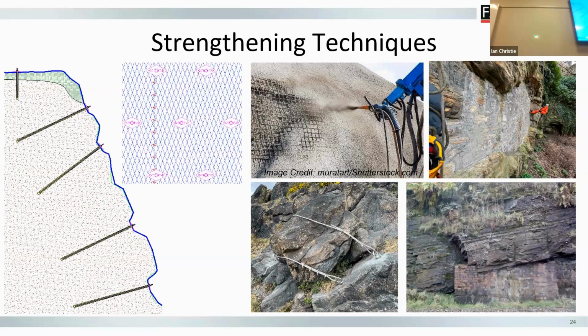The bottom right is a buttress. You quite often see these on the railway, old Victorian works, and up the A9 and places like that, you'll see buttresses up to rock slopes quite a lot. And they're quite good if you've got a localized feature that really just needs some support, then does what it says on the tin, provides the support.